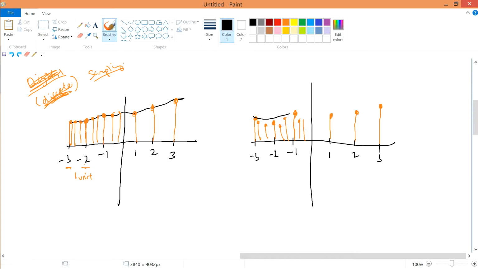More points will better represent the actual signal. That's what I'm trying to say. Although I didn't draw it properly in this sector, I will better represent this signal. If you compare this one to this one, this signal is simply just like that.